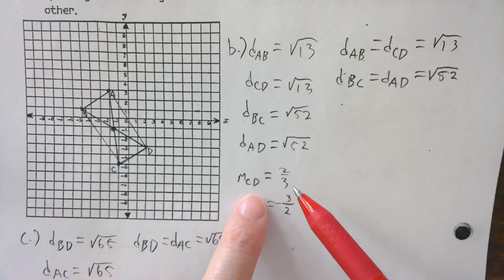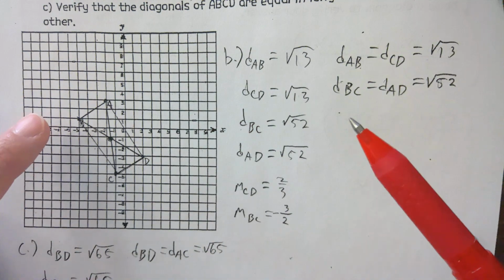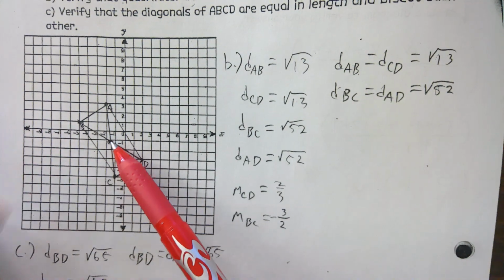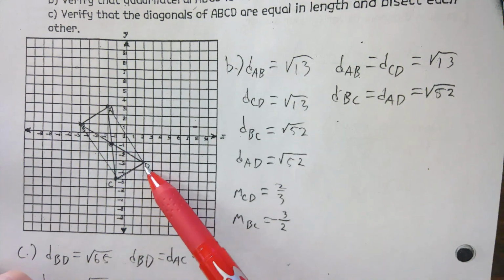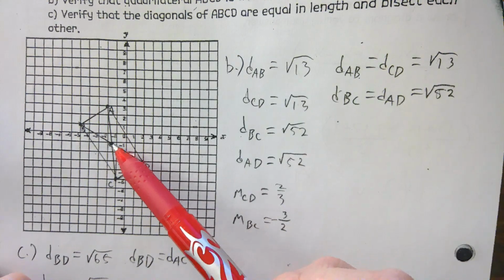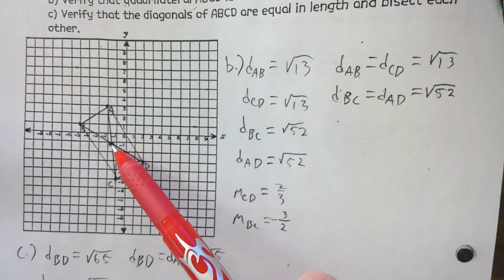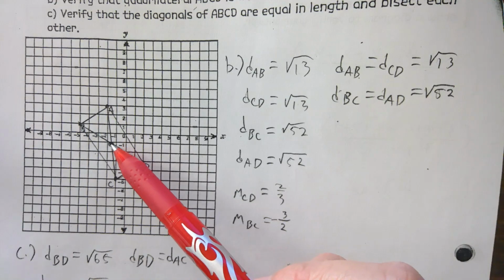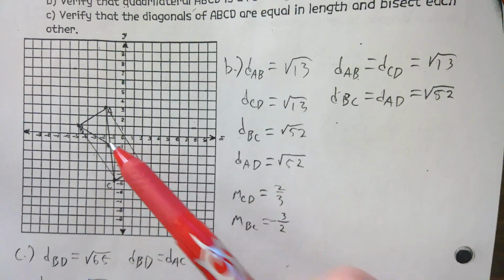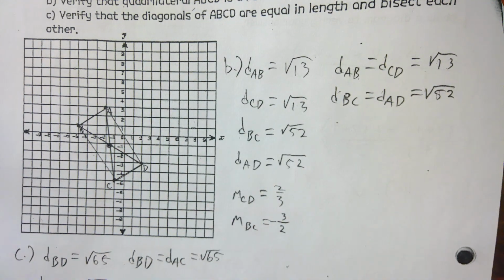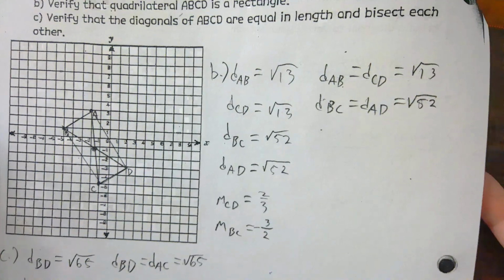Okay, if you find the midpoint of this diagonal and this diagonal, you'll find that they are at the same spot, which is around negative 1.5 and negative 1. Yep. If we find the distance of the diagonals or the length, we also have to find the midpoint. Yep.